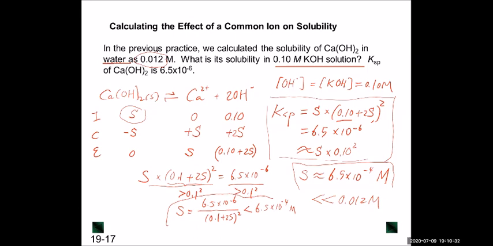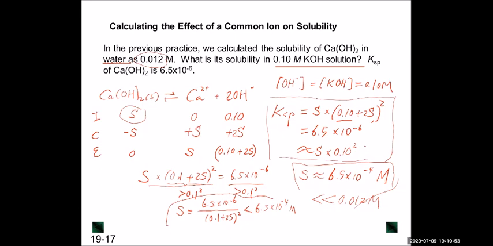So why is there a difference? Why does it dissolve much less in the potassium hydroxide solution? It is because potassium hydroxide gives you a high concentration of hydroxide. It shifts the equilibrium back toward the precipitate, which also means less dissolving.